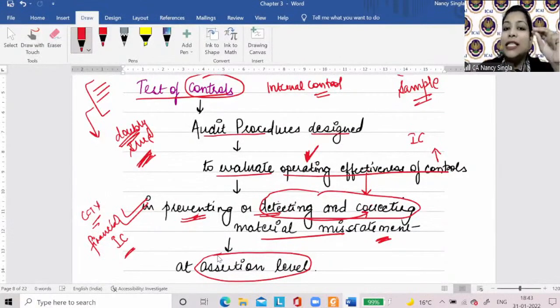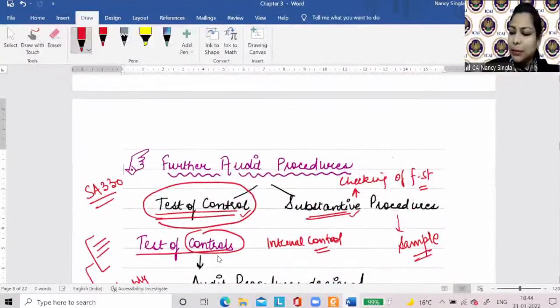Okay. Secondly, students, it might be possible that, let's say, there are lakhs of transactions. So performing only substantive procedures, and what is performance of substantive procedures? For now I have told you it is checking all the financial information. So that might not be possible now.